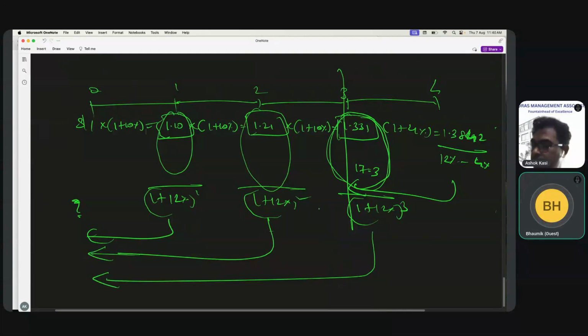Or you can use the CF function. Go to the cash flow function. CF0 is 0, cash flow 1, 2, 3, you put the numbers, and then interest is 12%.